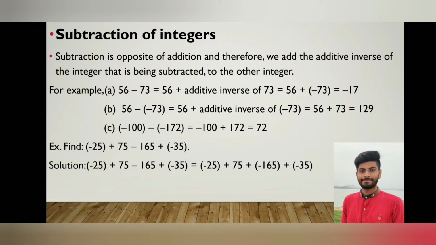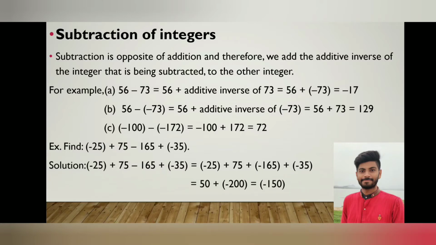So we will put the plus sign and we will convert plus 165 into minus 165, and at last it is plus minus 35, so we will put it as it is. Now all the numbers have the addition sign, so we will do the addition of the integers.